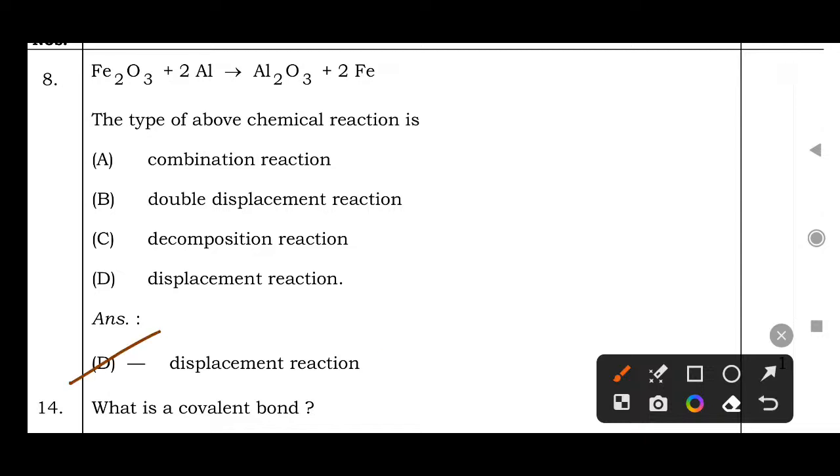That's why it's answer D, displacement. Why? Because compared to aluminium, iron is less reactive. Aluminium is a higher reactive element. Higher reactive elements displace less reactive elements. Okay, that's why it gives aluminium oxide with the displacement of iron, not carbon. Sorry, iron.